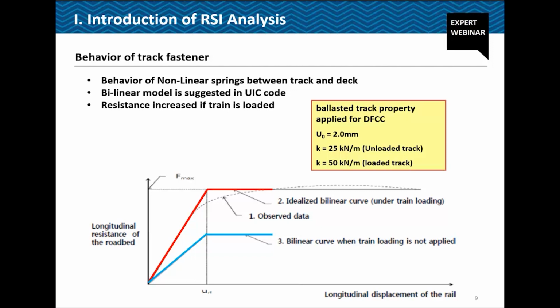For example, if we have a ballast track, up to 2 mm this resistance may go up to 25 or 50, something like that. After that, if there is further relative displacement, it will start slipping, and there will be no further resistance from the fastener.